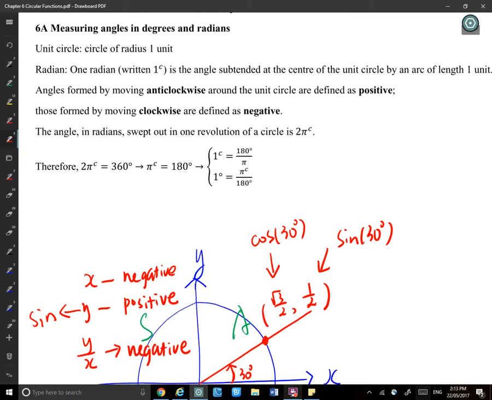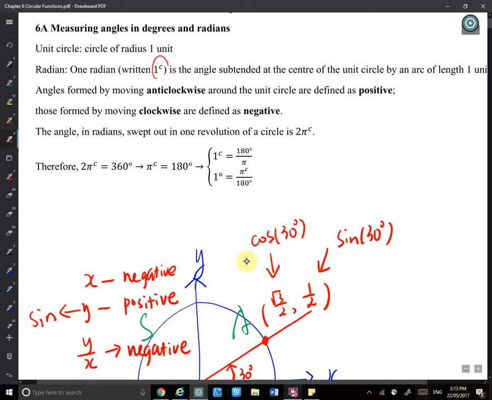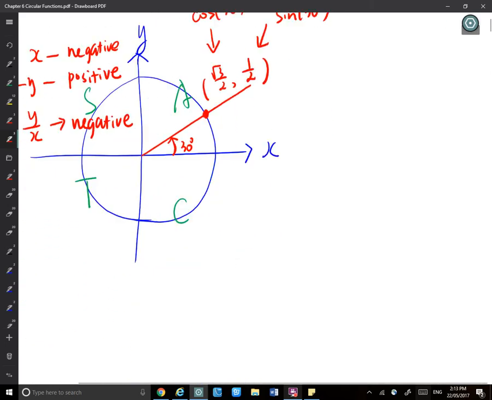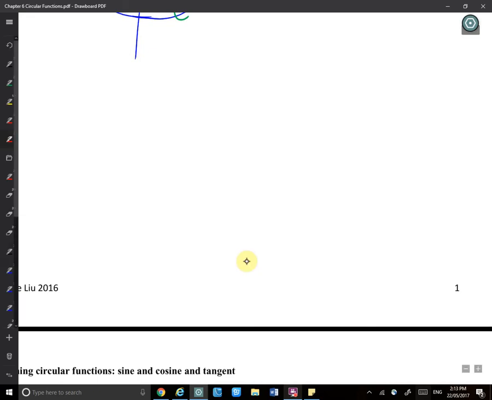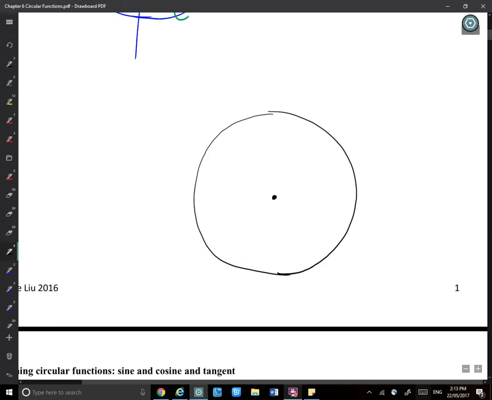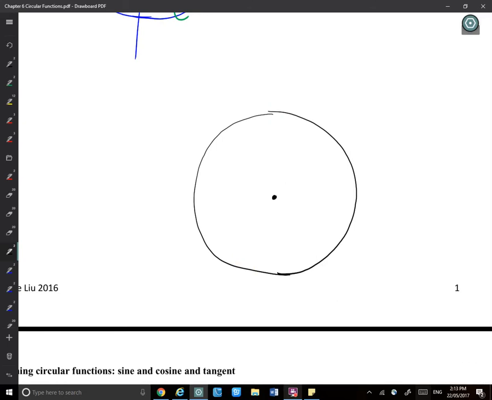The next thing is the radian. How do we define a radian? One radian is written as 1c. It is the angle subtended at the center of a unit circle by an arc length of 1 unit. I'll sketch another unit circle, a circle with radius 1.